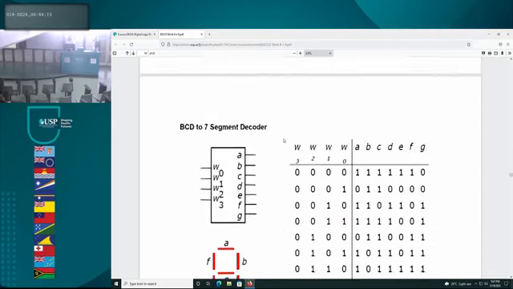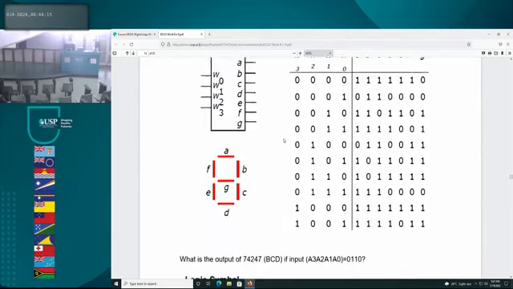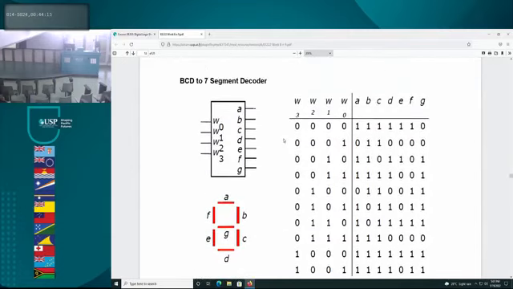Now, there's another chip known as the BCD to 7-segment decoder. Again, it's a decoder. When you look at your calculator, if you've got an FX82 calculator, and you type the number 8 or 5 or 7, it shows a particular pattern.